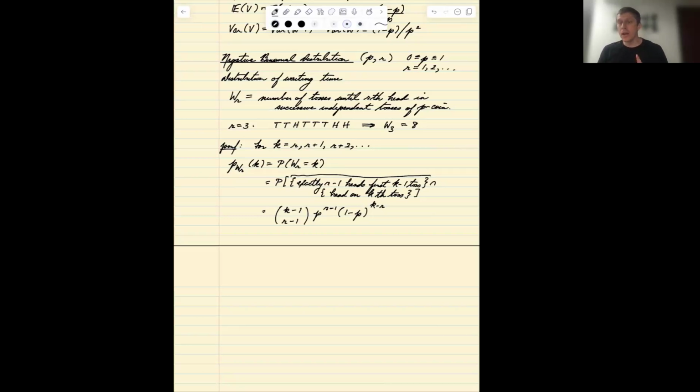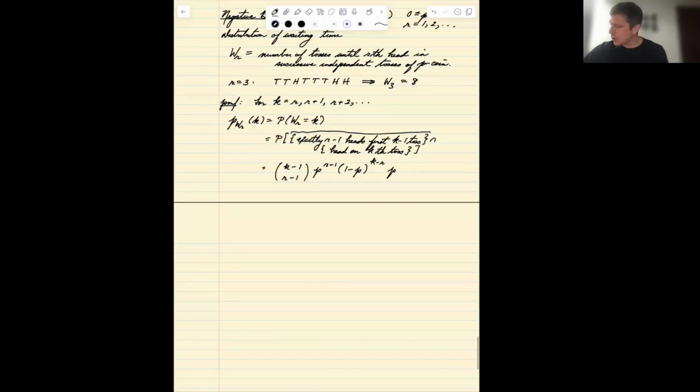And then we have one more trial that has to be a head, so it happens with exactly probability P. So a way to write this is K minus 1 choose R minus 1, P to the R, 1 minus P to the K minus R, for values of K from R, R plus 1, etc.